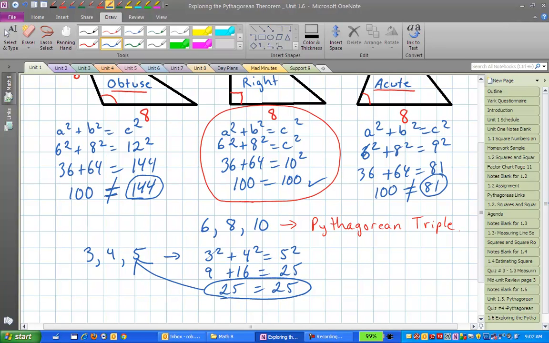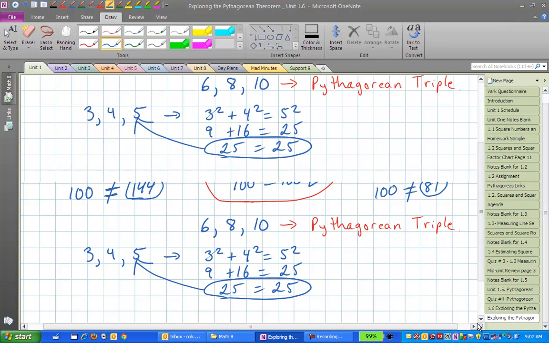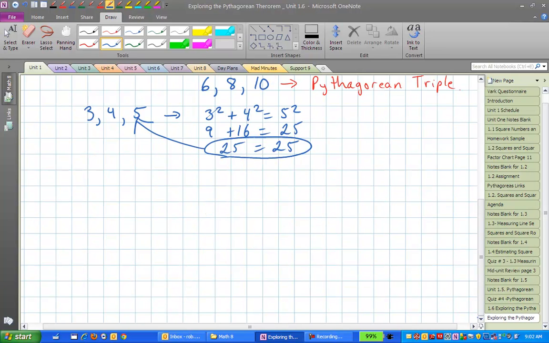All right, let's choose three more numbers and see if this works. How about 7, 12, and 18. Let's go 7 squared plus 12 squared equals 18 squared, and we check that on our calculator. We know 49 plus 144 is 193.